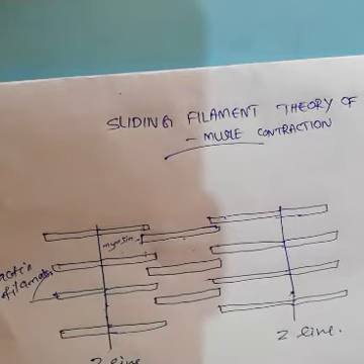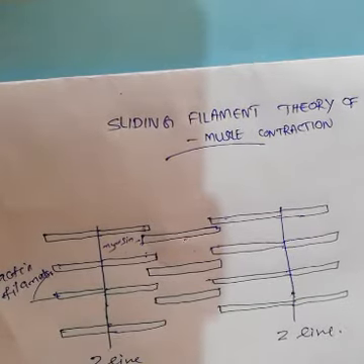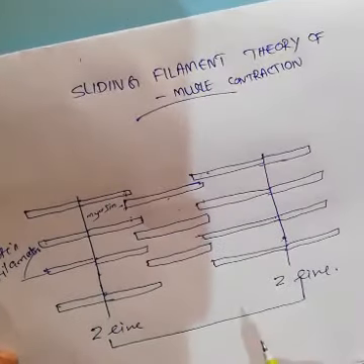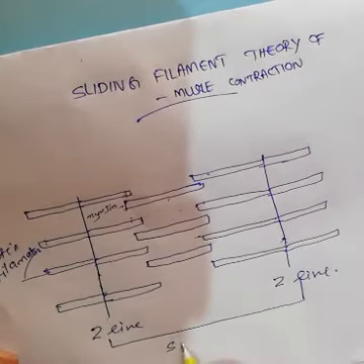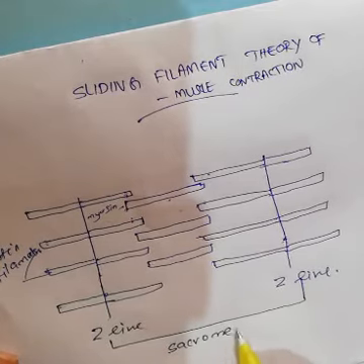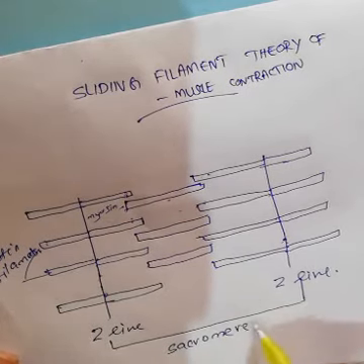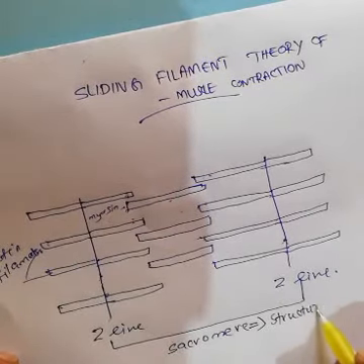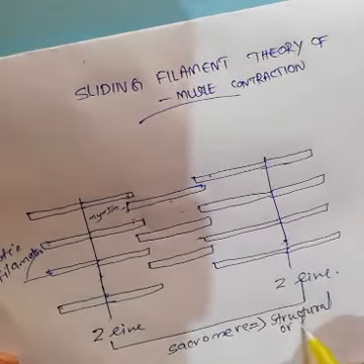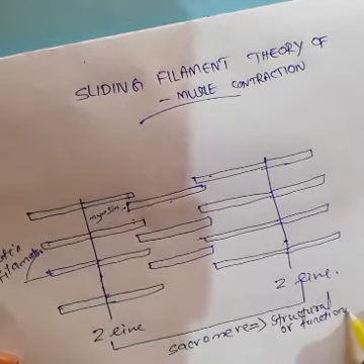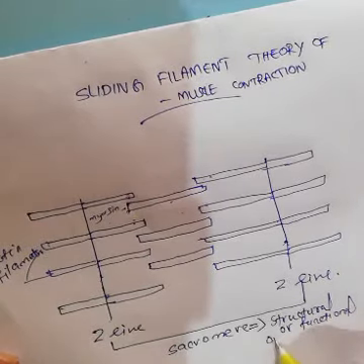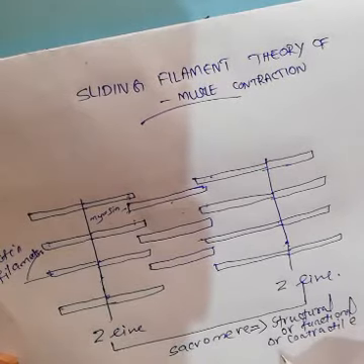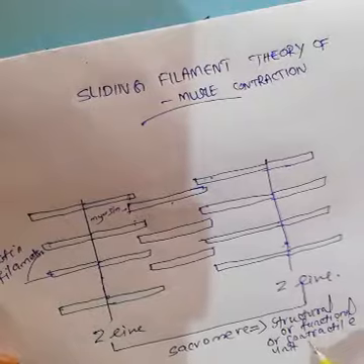Okay, and the portion or distance between two Z lines is called the sarcomere. This is the sarcomere, and this sarcomere is the structural or functional or contractile unit of muscle.